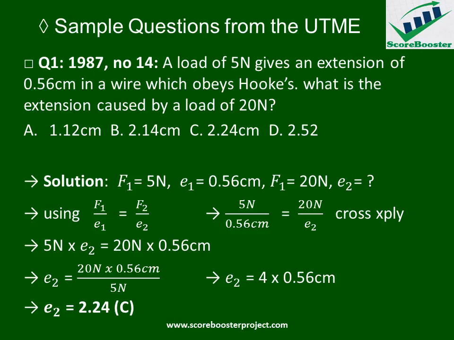That will be 1 here, 4 here. So eventually we have E2 equals 4 times 0.56 centimeter, and that is equivalent to E2 equals 2.24 centimeter, making option C the correct answer for this particular question.